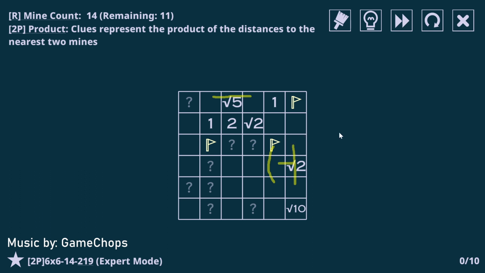I don't know though. Because it already sees the one that's root 5 away, so it could see other things that are root 5 away too. Okay.